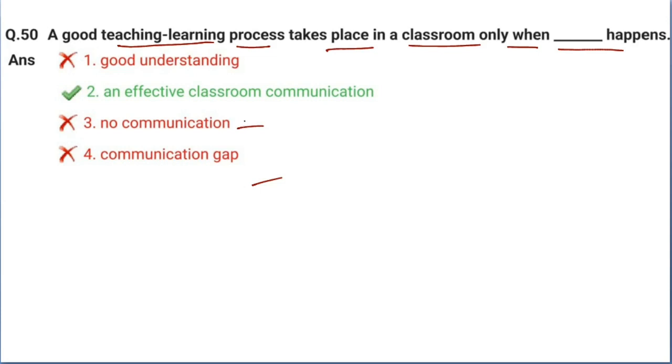No communication gap is also not correct. Good understanding is okay, and effective classroom communication is the best option for question number 50. A good teaching learning process takes place in a classroom only when effective classroom communication happens.